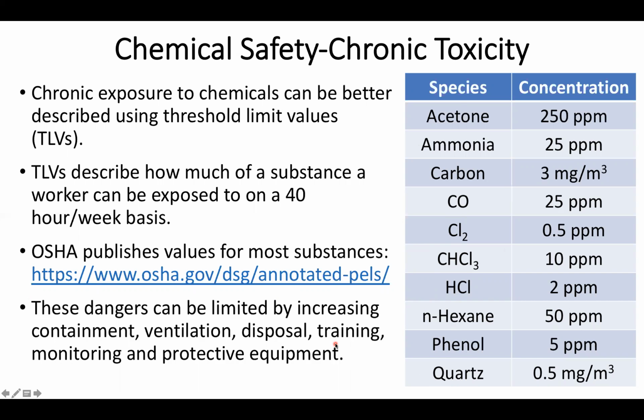A lot of this is going to be based on training, but don't forget that monitoring can play a rather large role. And if you're dealing with truly toxic levels, you might need to make use of protective equipment like air masks.